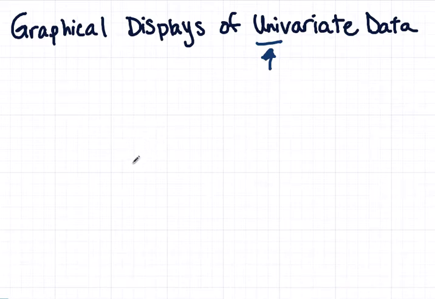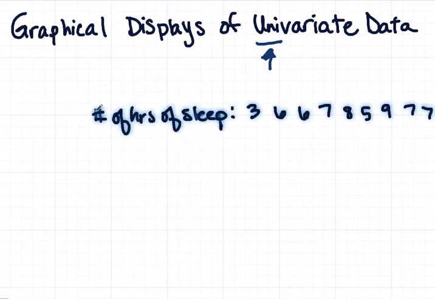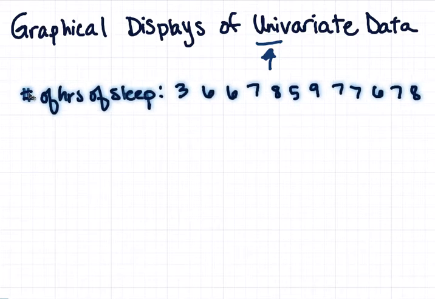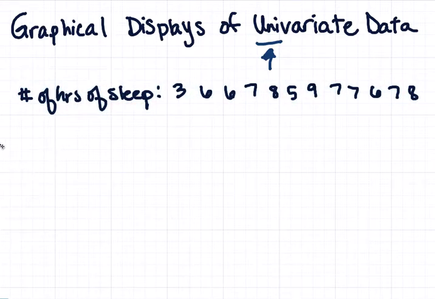So, for example, a lot of times when someone is creating a survey or doing some observational study, they might measure one variable at a time. Let's imagine that we have a teacher who's interested in her students' sleeping patterns.